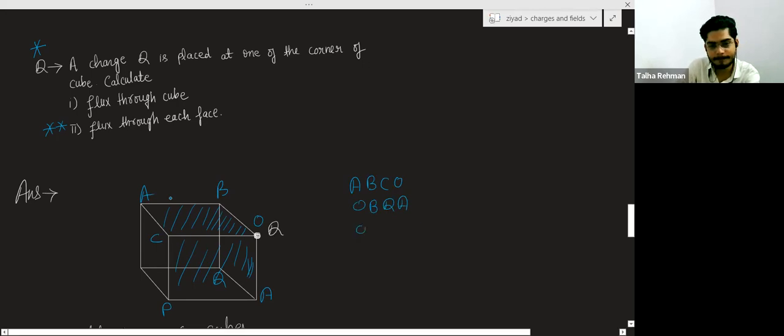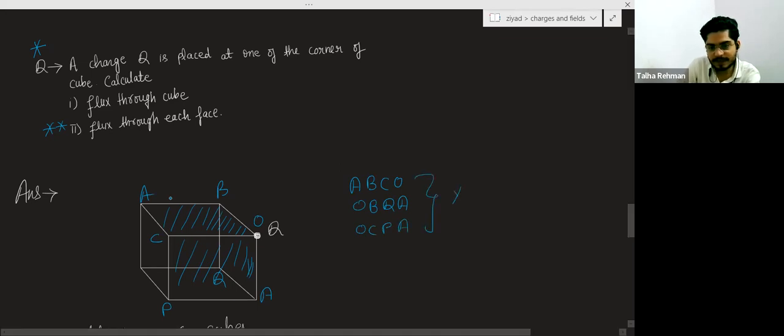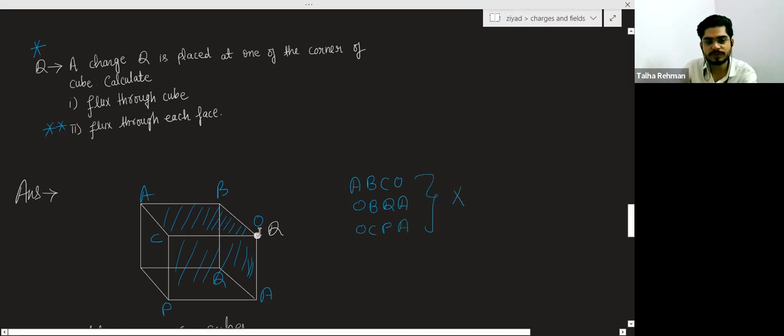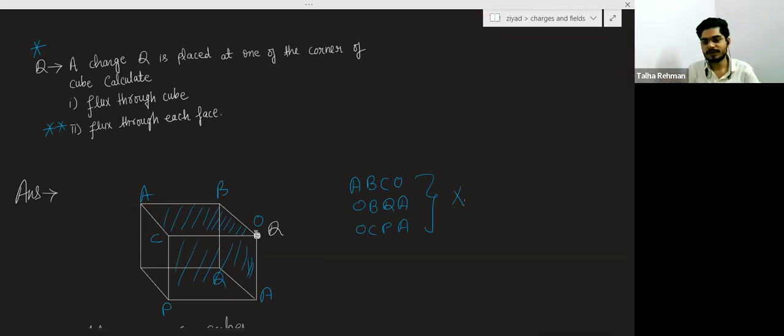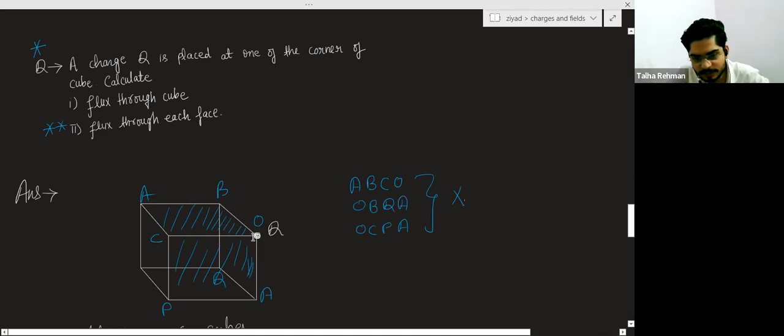These faces will not have flux due to this charge, because you can see the electric field lines from the charge will be like this, and like this. When you calculate the flux through this surface, the angle between the area vector and the electric field will be 90 degrees, and that flux will become zero.